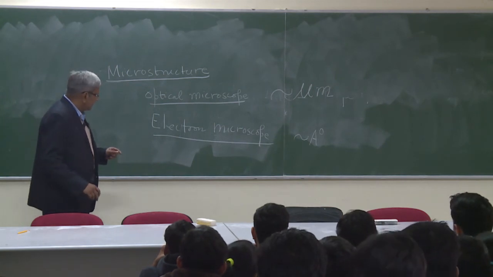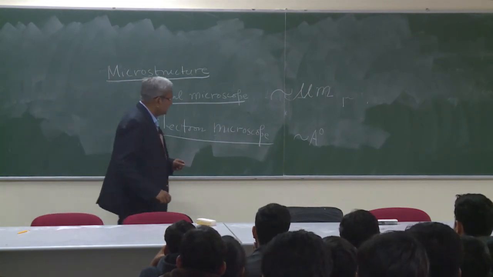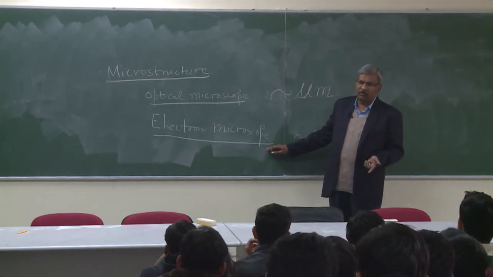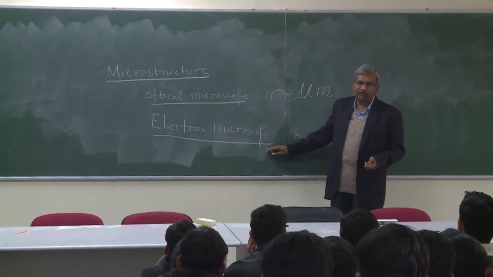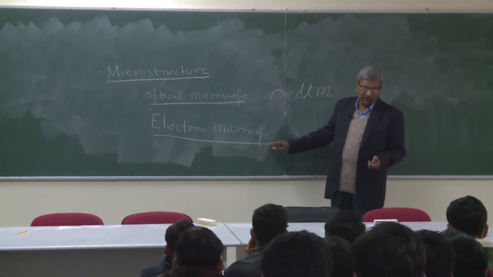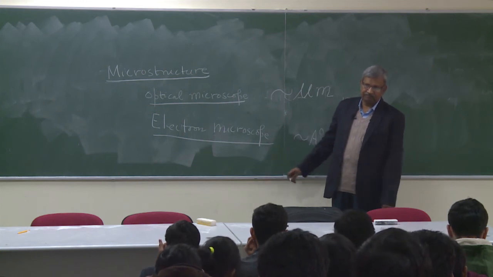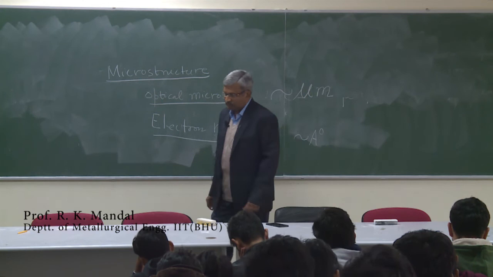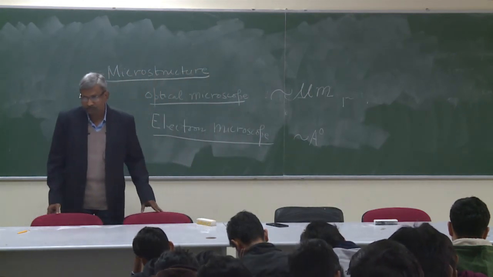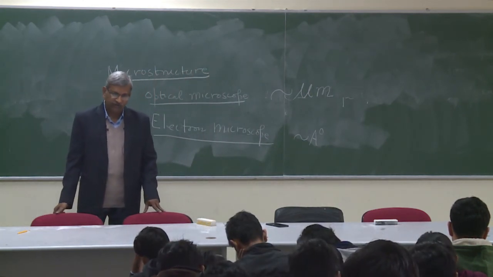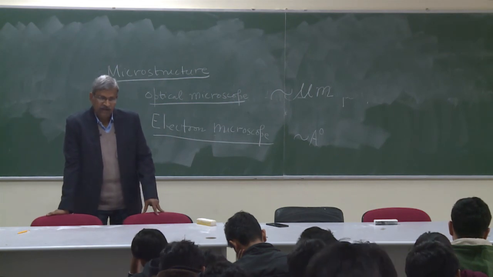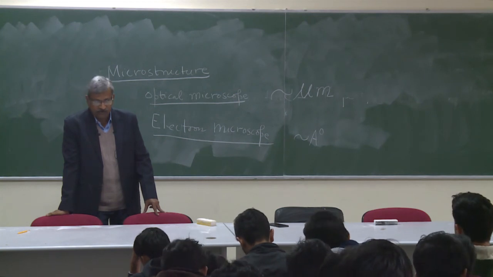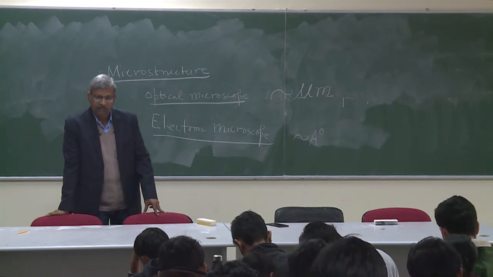This length scale is also sometimes called submicroscopic length scale. All length scales less than a micron are known as submicroscopic length scale, and they have to be investigated with the help of electron microscope.